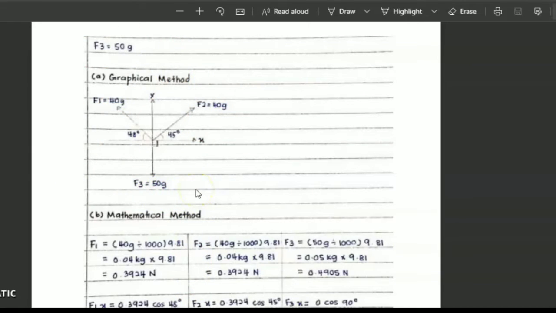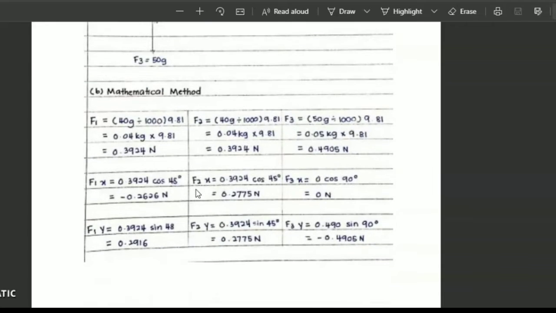Okay, so for mathematical method, for F1, 40 gram we divide with 1000 and multiply with 9.81, we will get 0.3924 Newton.